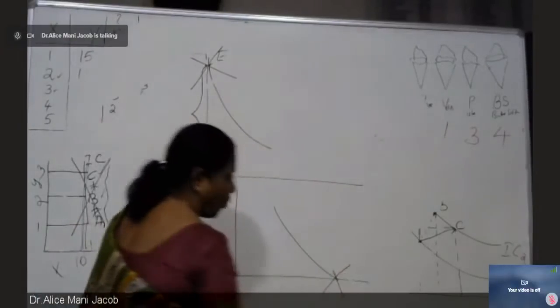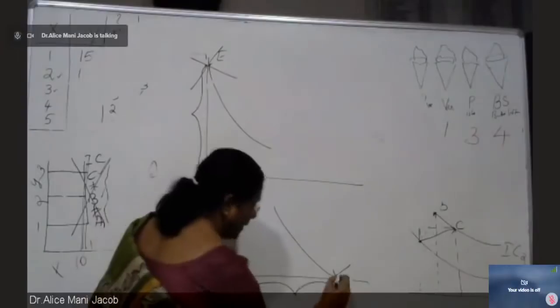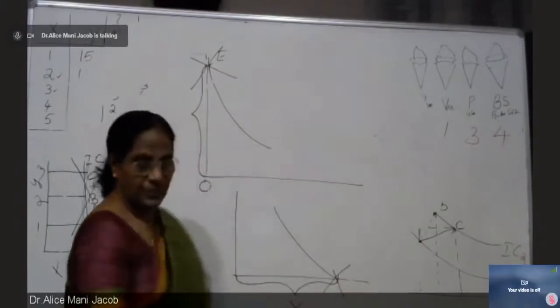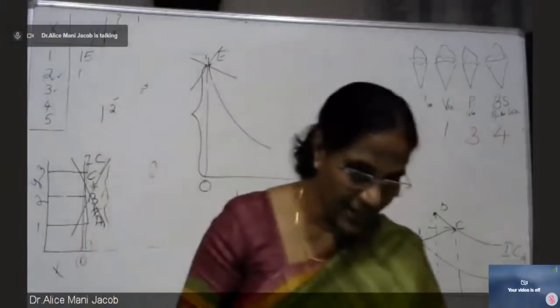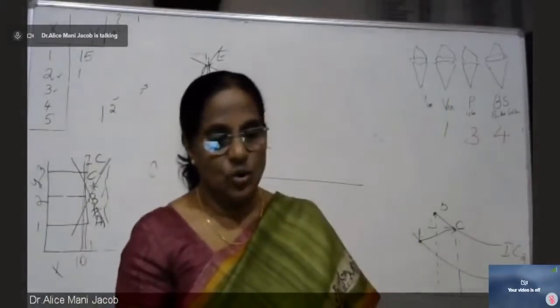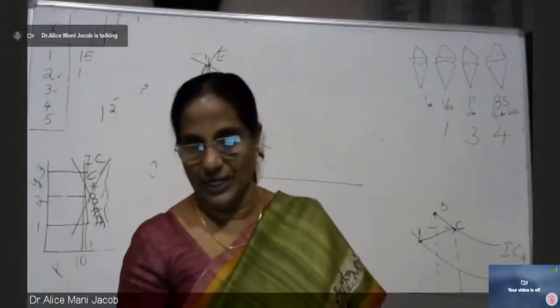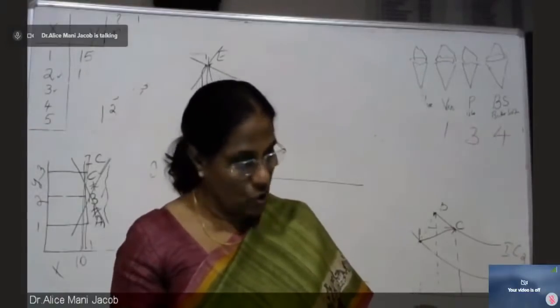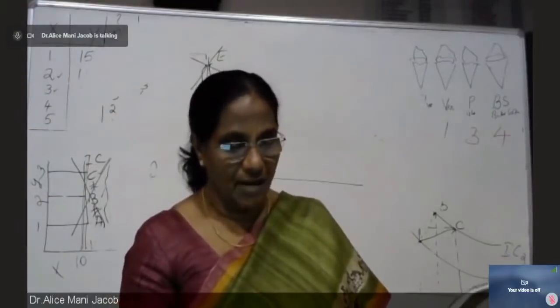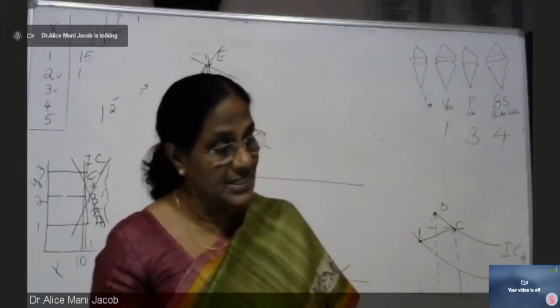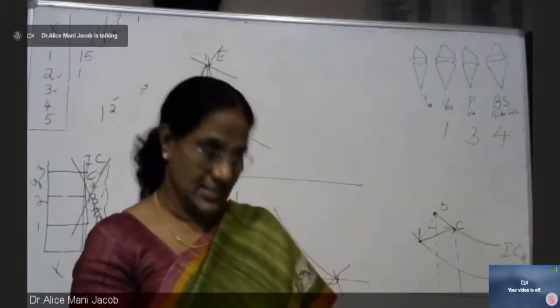Similarly, here Y is equal to 0 and X is this much. That also does not represent a combination, and so it is not a point on the indifference curve. And so you just cannot have an indifference curve which is touching either axis.